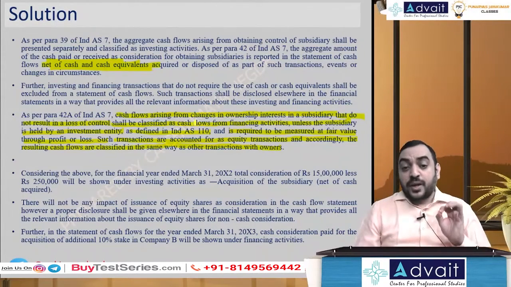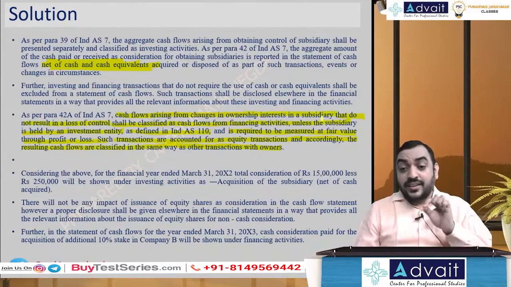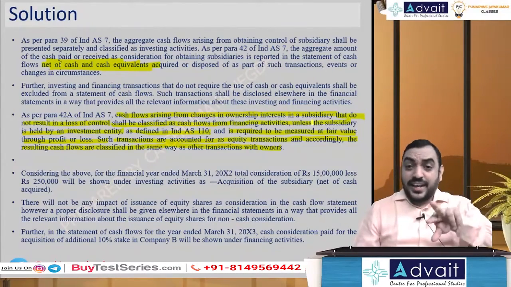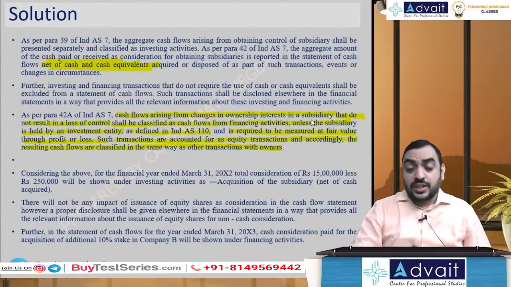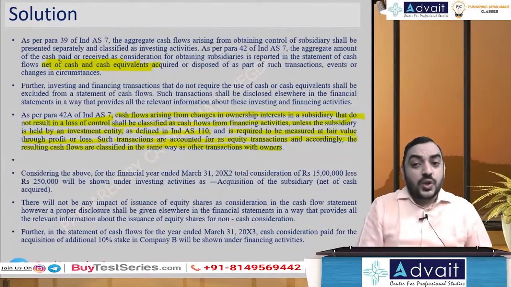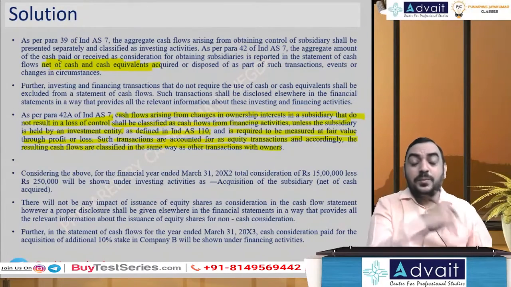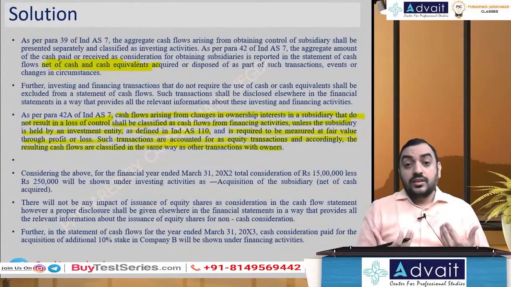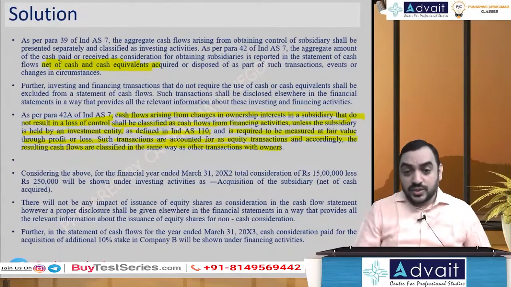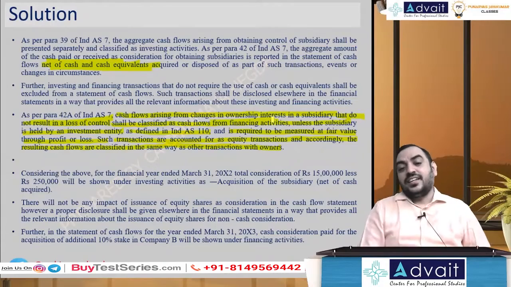Cash flows arising from changes in ownership interest, yes, 70% becoming 80 or 70% becoming 60, there is a change in ownership interest, but it does not result in loss of control. Control is not changed, right? 80 becoming 90, 80 becoming 70, you're still a controller. In those cases, it should be part of financing activities.